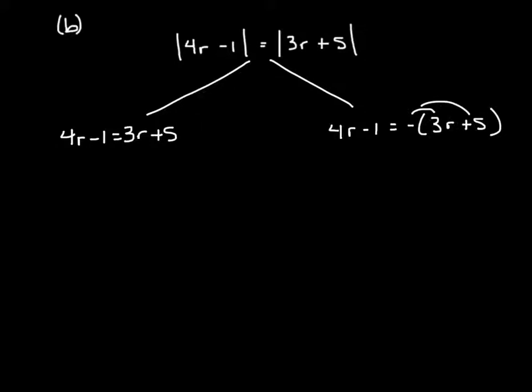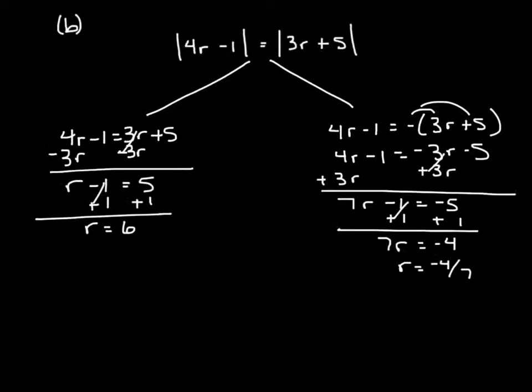I'll distribute the negative so that this is negative 3r minus 5, and I'll solve both equations for r. So I get r equals 6, or r equals negative 4/7. Since that's a union, my solution set is just going to be negative 4/7 and 6.